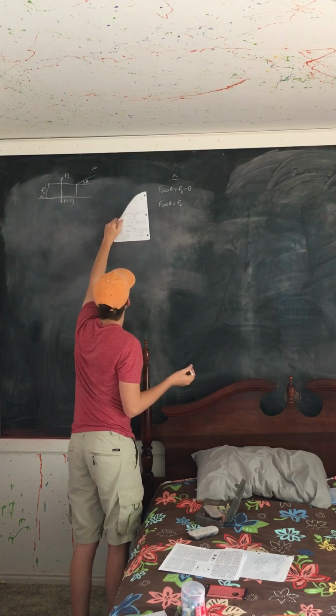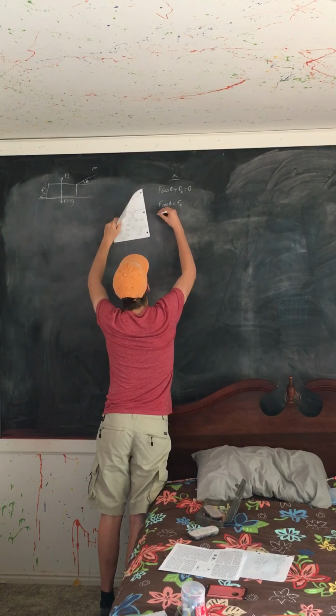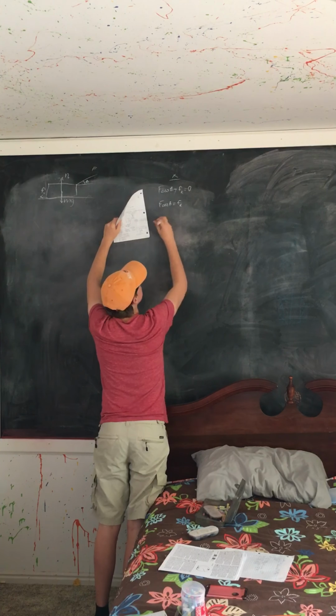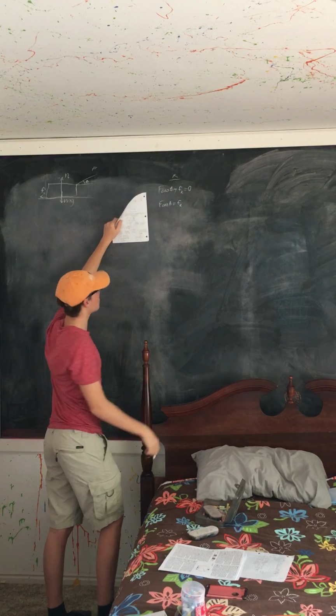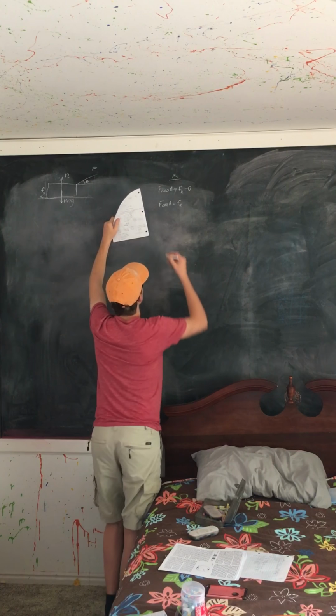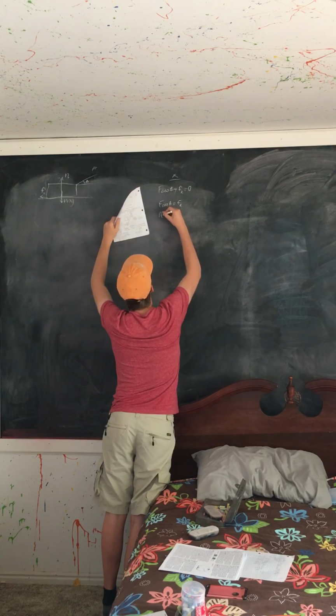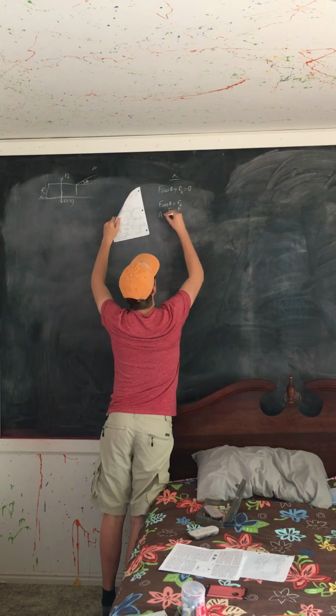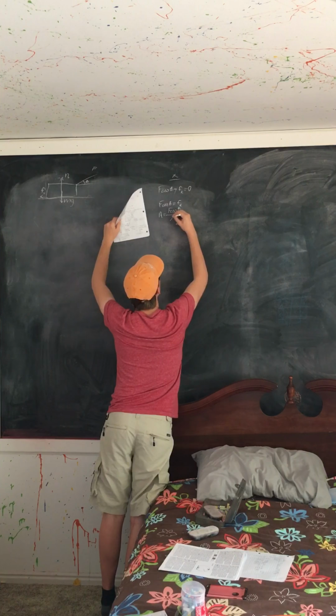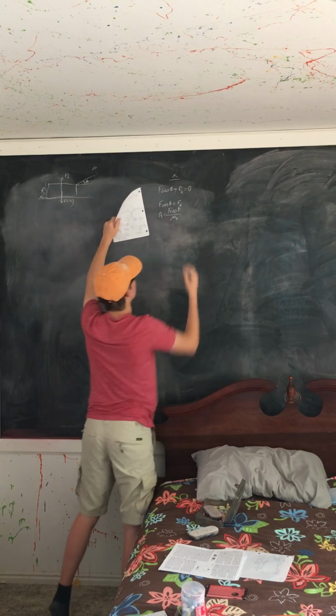Using friction equals normal force times the coefficient of friction, we get normal is equal to F cosine theta divided by mu_k.